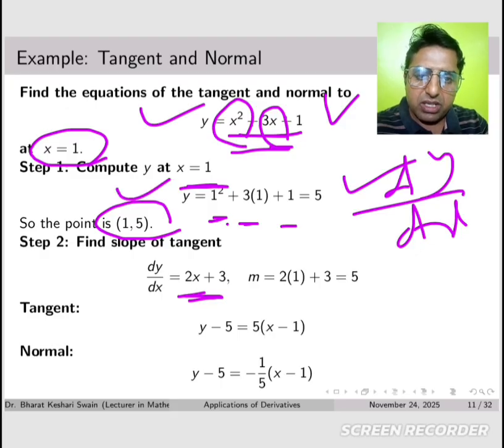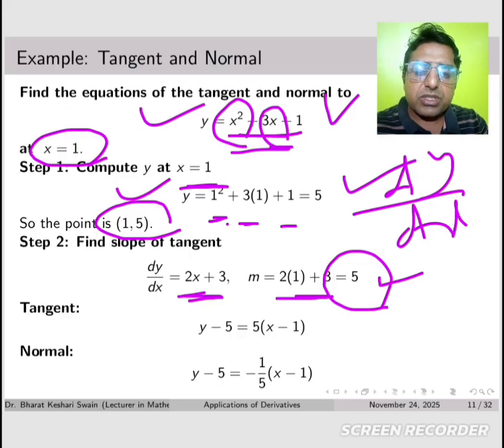X is 1. So at the point 1, 5, the slope will be what? 2 into 1 plus 3, that is equal to 5. So this is the slope of the tangent at the given point. And so we have to find the tangent equation. Tangent equation means what? Y minus y1, so what is the point? 1 and 5, so the y coordinate is 5.